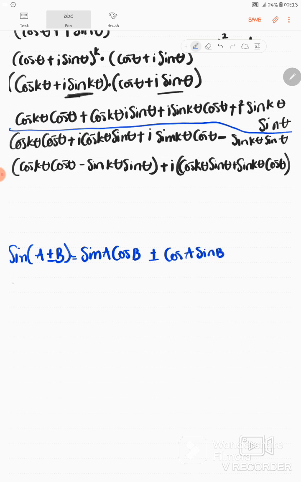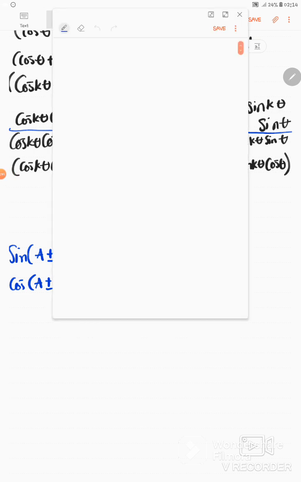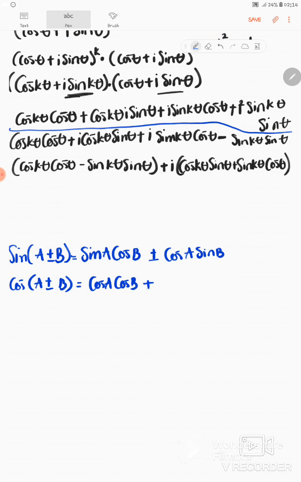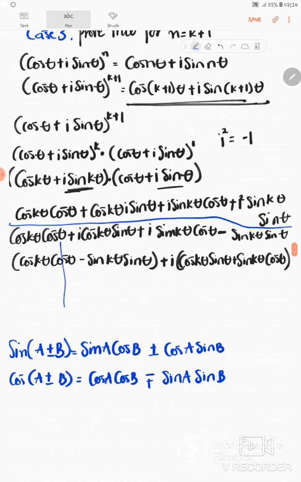And same thing when we have cos of a plus or minus b, it gives us cos a cos b minus or plus sine a sine b. This is the law. Let's not forget this.